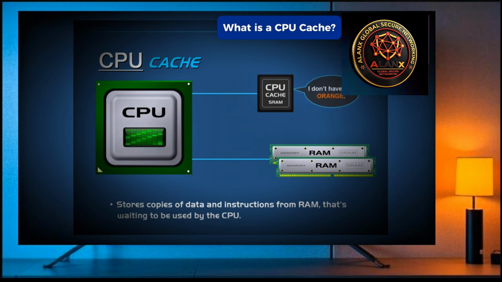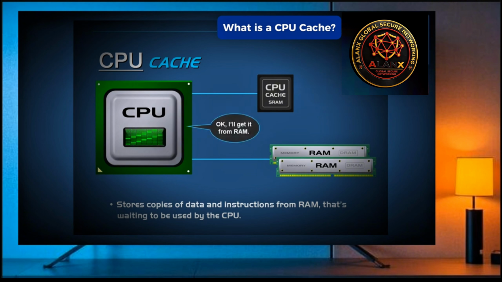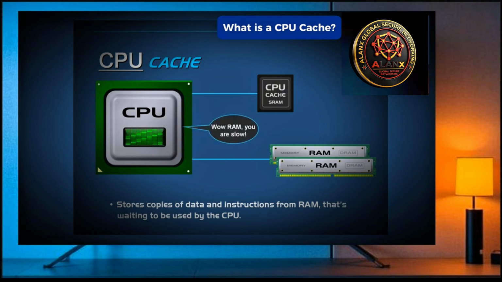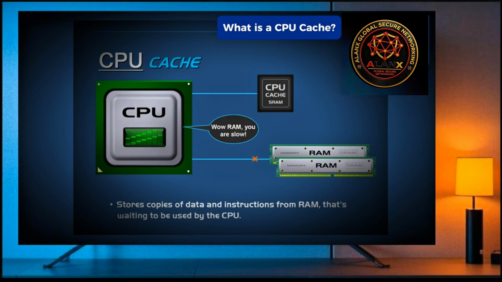And if it's not, then the CPU will have to go back to the slower primary memory or RAM to get the data it needs. So that's why cache memory is so important, because if the CPU can access what it needs on the faster cache, then the faster the computer will perform. So basically the whole idea behind cache is to make the computer run faster at a cheaper price.